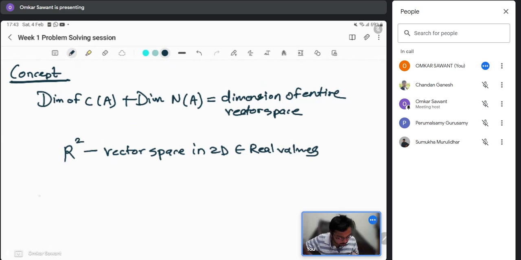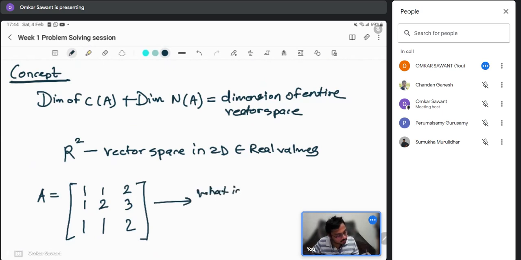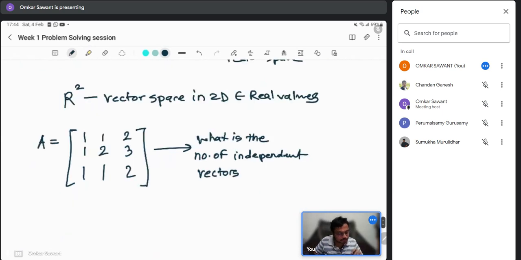Now, if I write A as this, so if I ask you what is the number of independent vectors, can you tell me and the dimension of vector space? Both are the same thing.